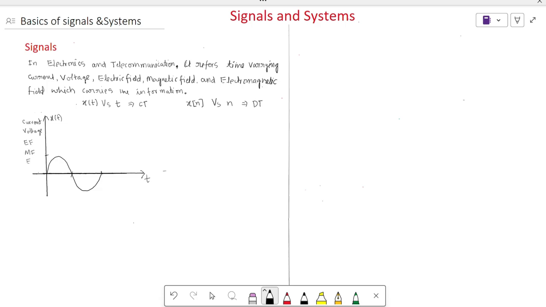These are the physical quantities. Any one of them continuously varies with respect to time. So this is the basic signal definition.